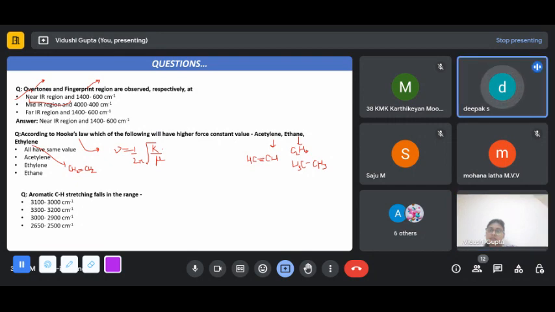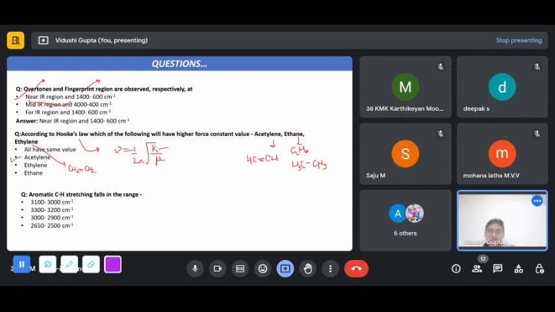Acetylene has higher force constant, isn't it? What do you understand by K? K is the force constant. Force constant means how strong a bond is. So out of triple, single, and double bond, which will have a stronger bond? Triple bond. So the force constant value will be higher for acetylene. So that's why the answer will be acetylene.